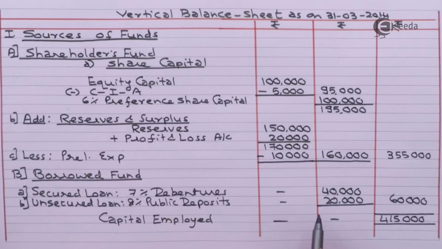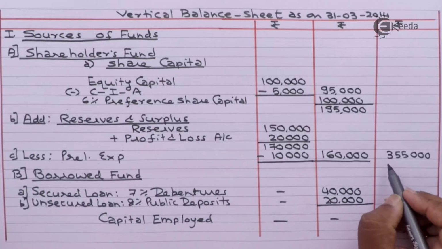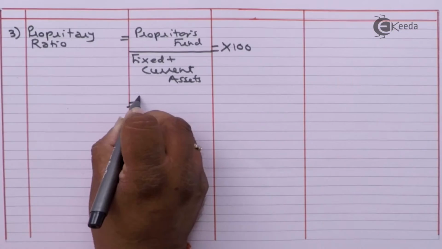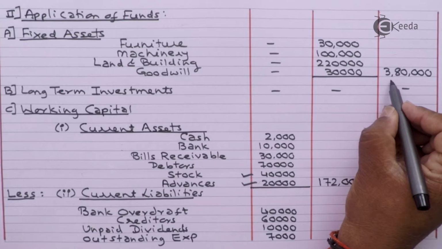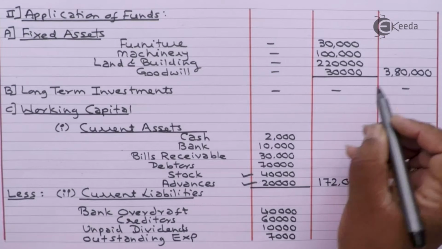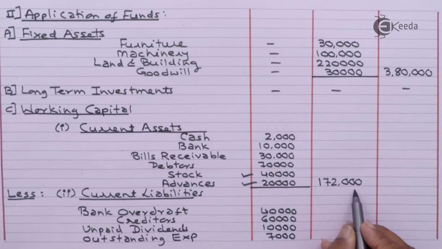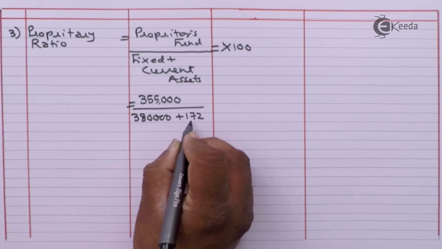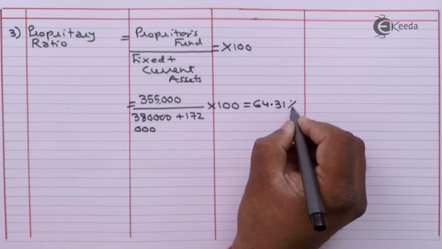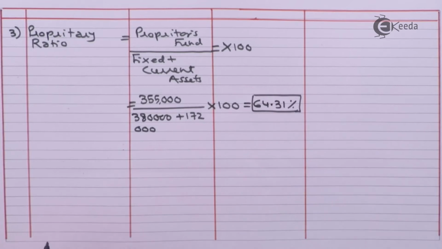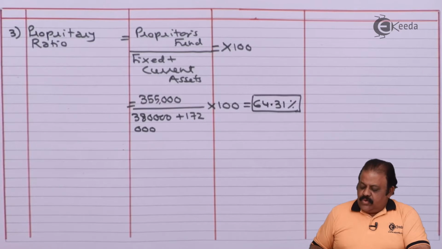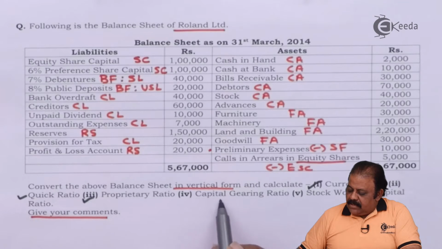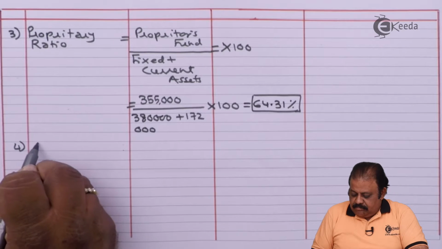Proprietor's fund, shareholders fund, total we have 3,55,000. Fixed assets 3,80,000. Current asset 1,72,000. So proprietary ratio we had 64.31%.